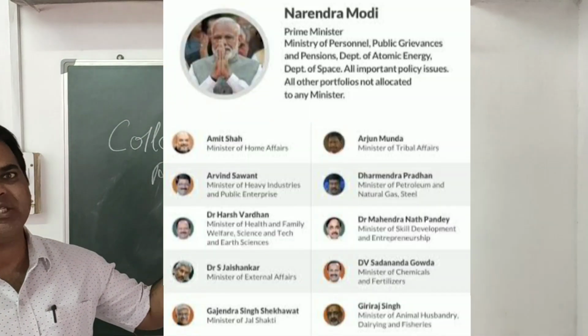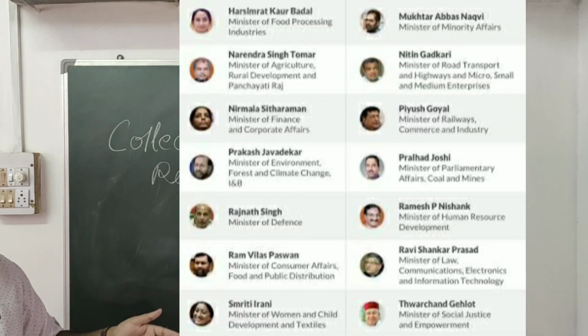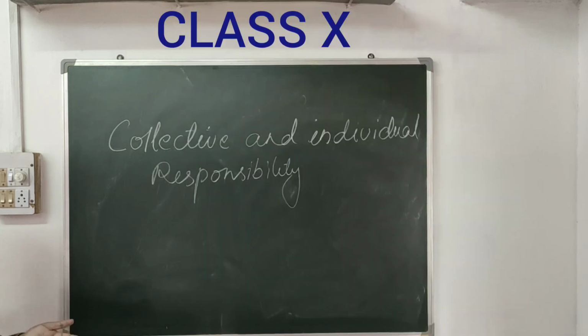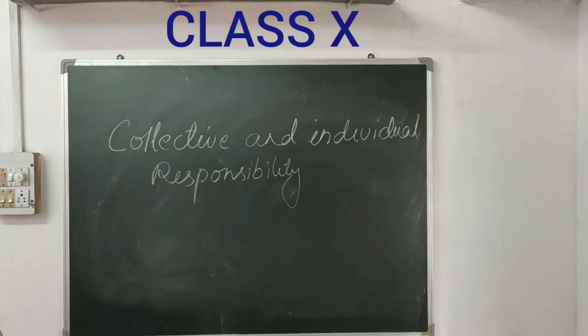These are some of the important ministers, like the Home Minister, Defense Minister, Finance Minister, Railway Minister. All these I have given over here. You can go through this. They are the present ministers in charge of the various ministries. State ministers, cabinet ministers, deputy ministers, everyone is given over here. So you can go through it.